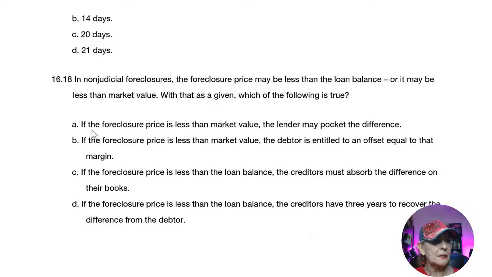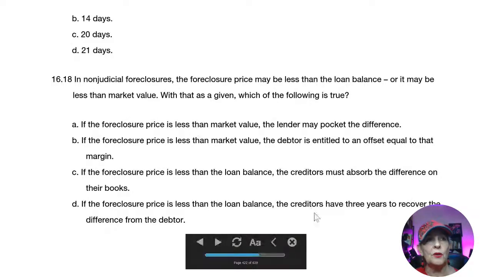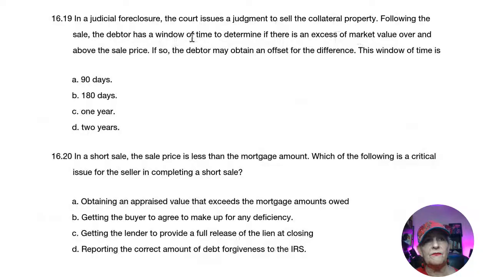Number 9, in a judicial foreclosure, the court issues a difference following the value. If so, the debtor may obtain an offset for the difference. The window of time is A, 90 days, B, 180 days, C, 1 year, or D, 2 years. So the debtor needs to push to make sure they get that money, if the bank got more than what was owed on the loan.